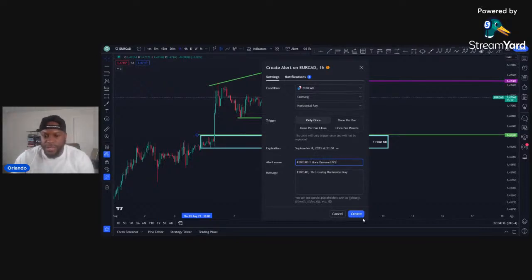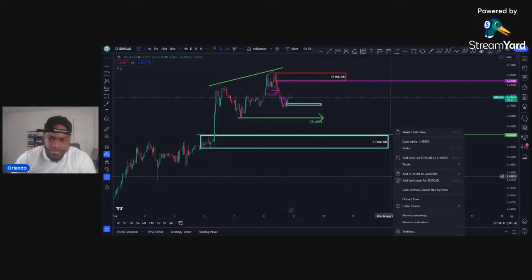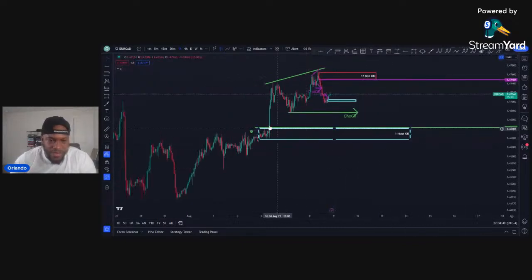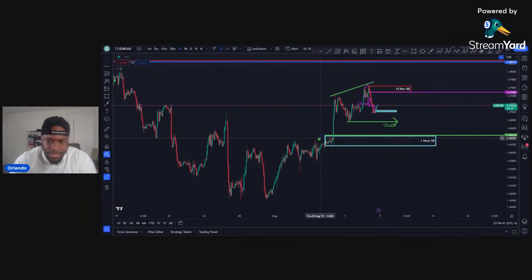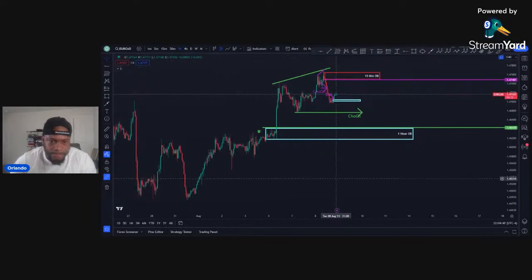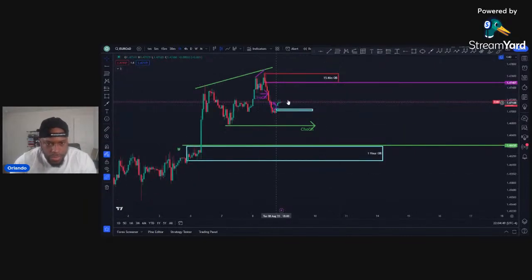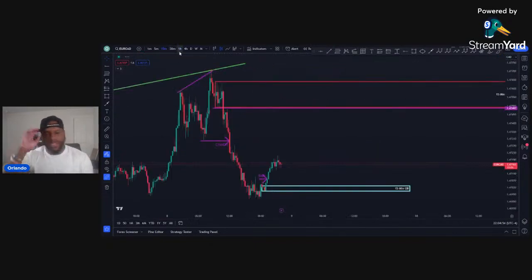It lets me know that it hit a 1 hour demand zone. All right, cool, we have that alert listed because price broke structure back here, broke this high back here. On the lower time frame, the purple is my 15-minute time frame.